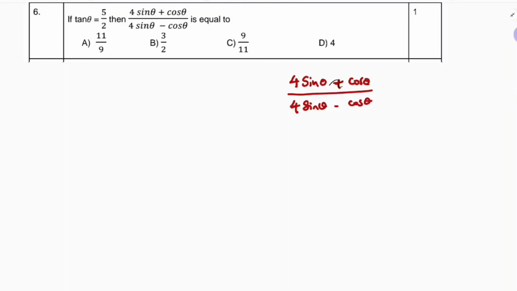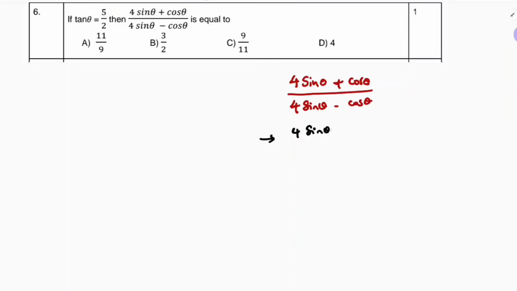Both numerator and denominator, I'll divide by cos, so that directly I'll get tan, and I can substitute. This is one method. One more method is, with the help of tan theta 5 by 2, with the help of Pythagoras theorem, you have opposite and adjacent, find the hypotenuse, then substitute sin and cos values. But see, as it is MCQ, this will be better.